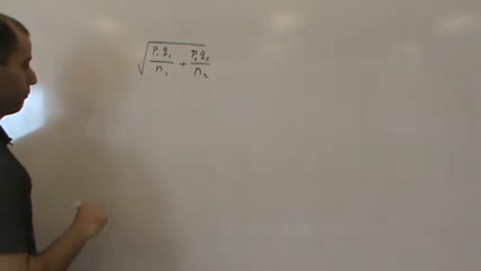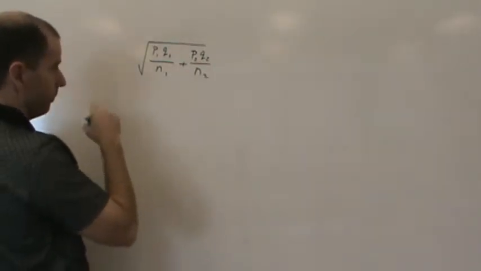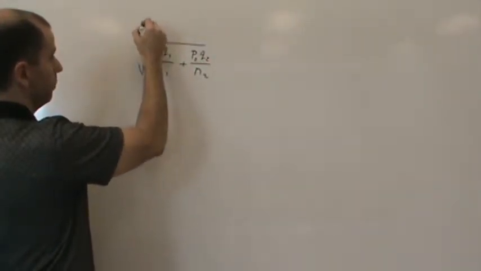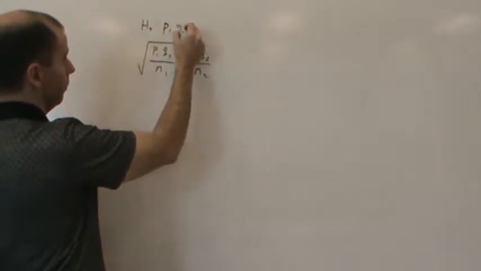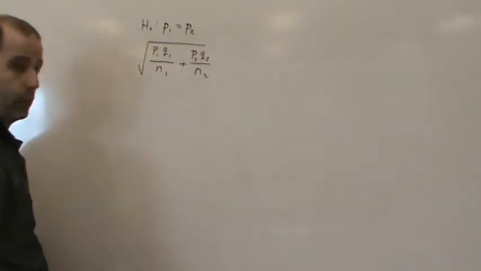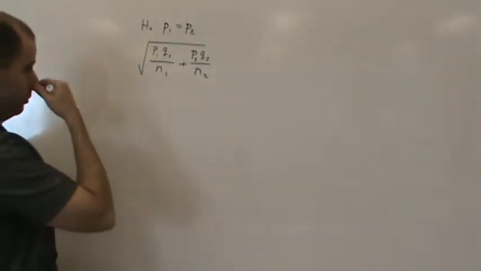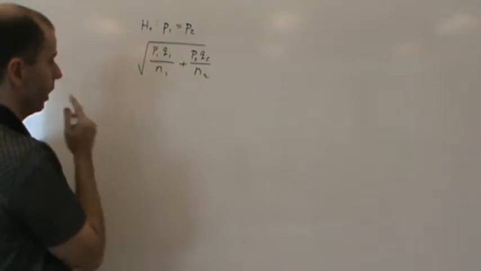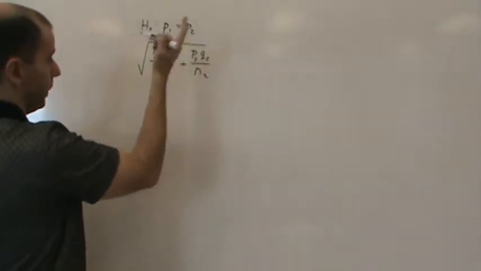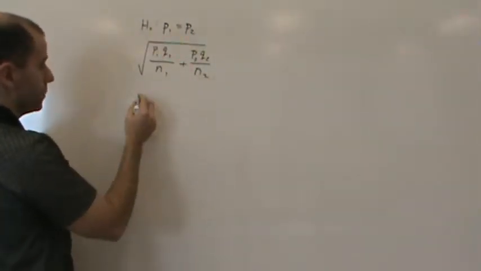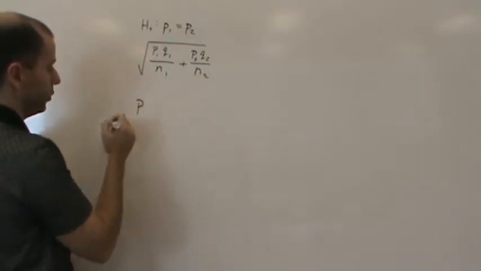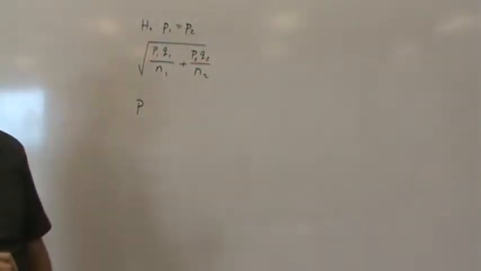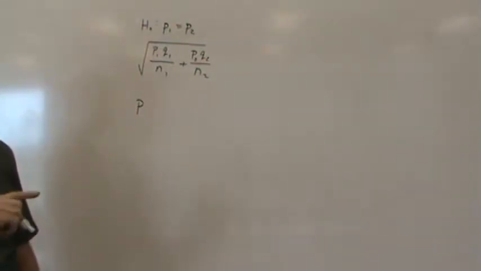Now, since we're assuming under the null that P1 is equal to P2, and since we don't know what P1 and P2 are anyway, we're going to use P1 hat and P2 hat. And we're going to calculate a new proportion that we're going to replace both P1 and P2 with.